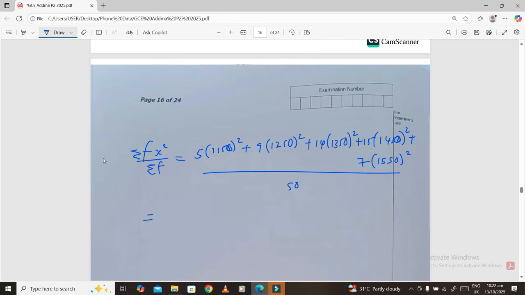So this of course is giving us 9454000 divide by 50. When we divide by 50, this is what we are getting right here.